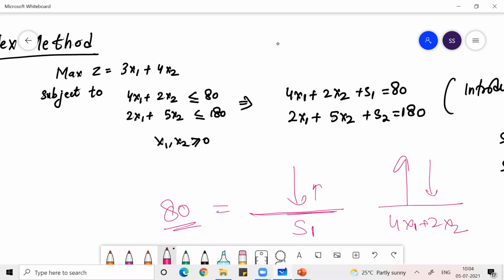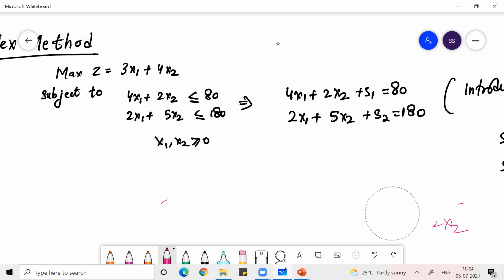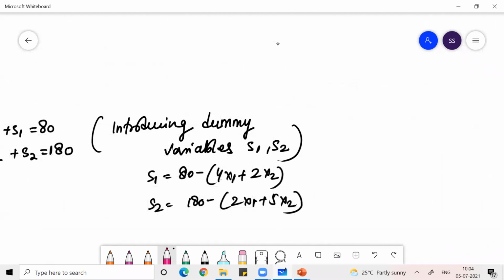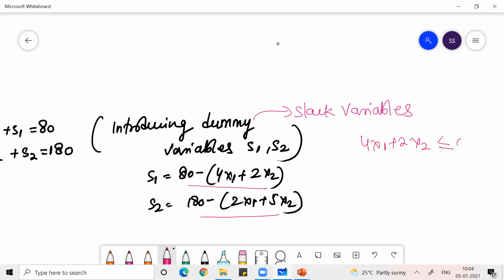So I'm introducing dummy variables S1 and S2 because I had two inequality-based constraints. These dummy variables are called slack variables. So we introduced two slack variables, S1 and S2. You know that 4x1 plus 2x2 is less than or equal to 80.